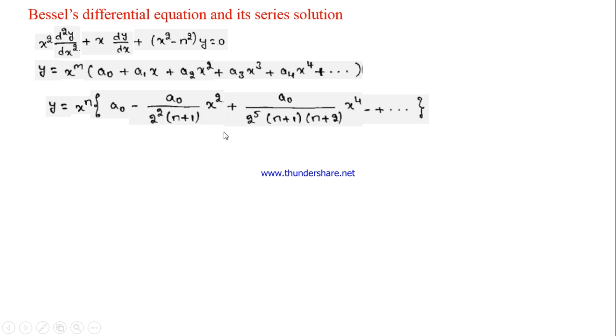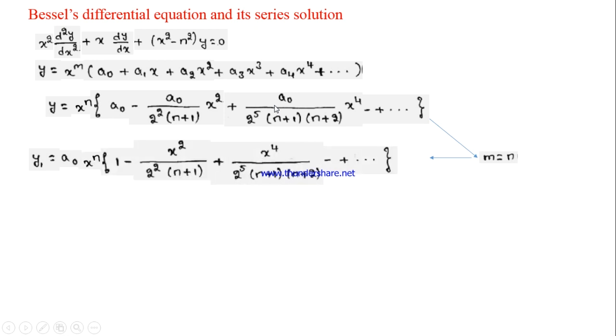And you can note this is the solution corresponding to the first root m equal to n of our indicial equation. And we will call this solution y1, and we will take a naught common from all these terms and put it in this form. Okay. Now this is the solution of this Bessel's equation corresponding to the root m equal to n.